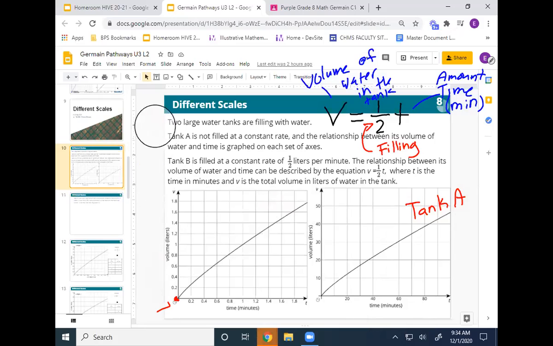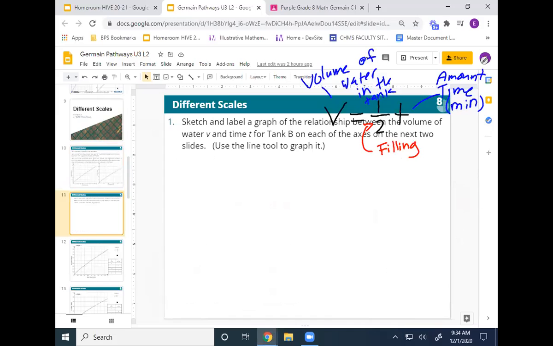Fantastic. So now we're going to use this information and these equations, and we're going to be graphing. Let me show you how we're going to be graphing today. If we look at slide number 11, it says sketch and label a graph of the relationship between the volume of water V and the time T for tank B on each of the axes.